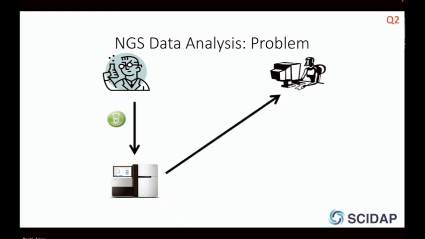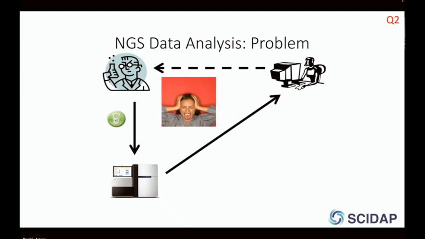Usually the data go to bioinformaticians who start analyzing them, but there are not enough bioinformaticians. They are working on multiple projects, and it takes a lot of time for the results to come back to biologists and even to figure out whether the experiment worked or not.